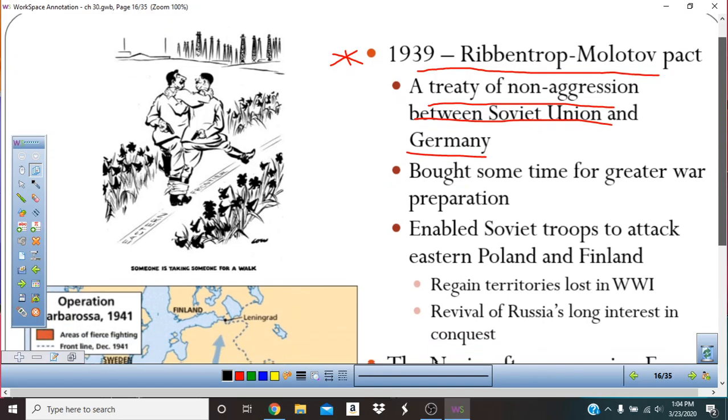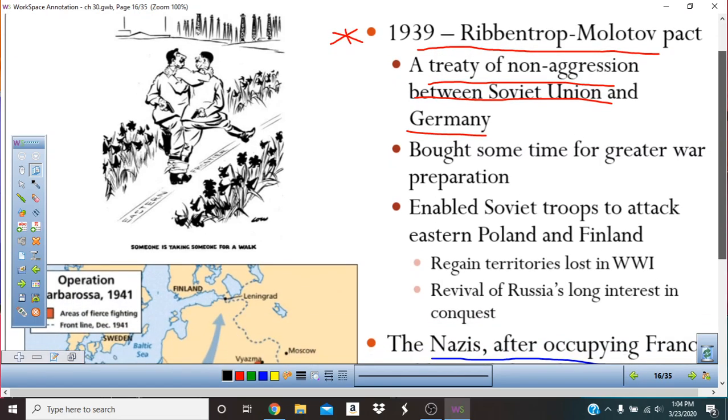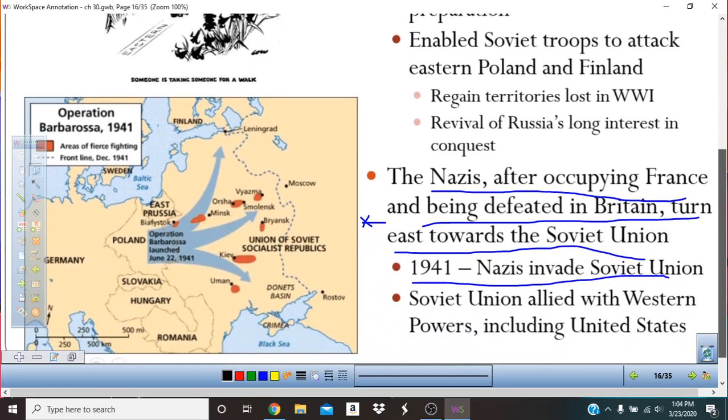So Stalin and Hitler had made an agreement, and the agreement was that during the war, that they would not invade each other. And here they are, and they're walking down the Eastern Front, and clearly they do not trust each other as they're hiding guns behind their backs.